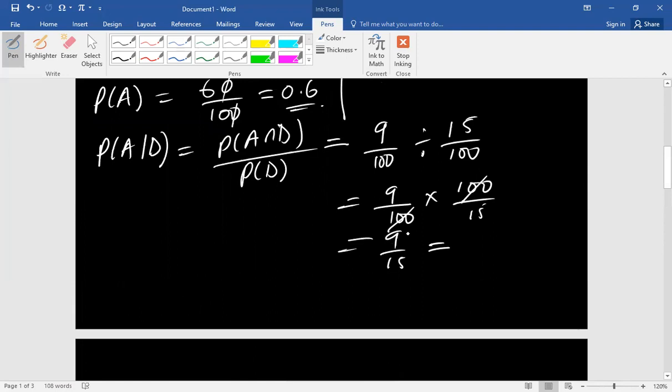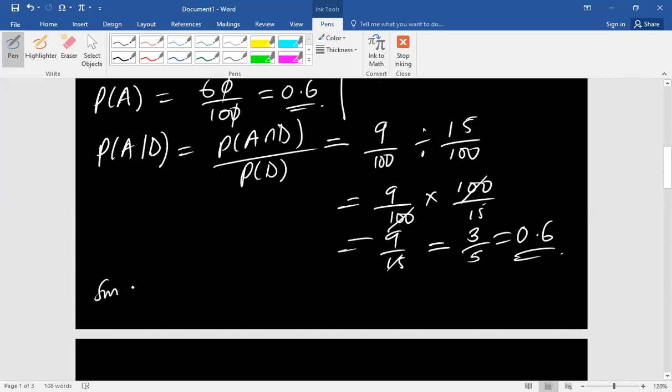Let's use 3: 3 into 9 gives us 3, and 3 into 15 gives us 5. So it's 3 over 5. 3 divided by 5 is 0.6. So it's still giving us 0.6.